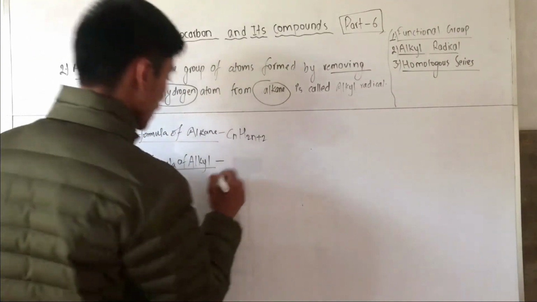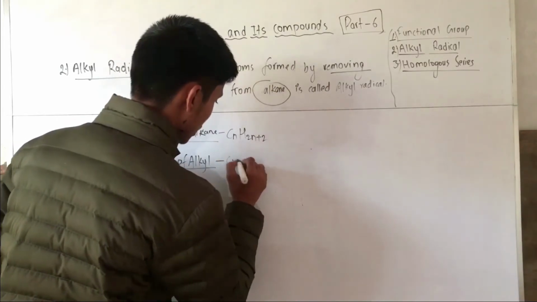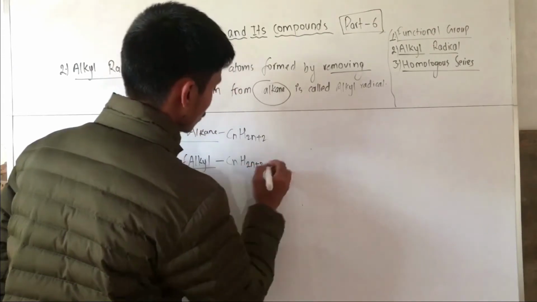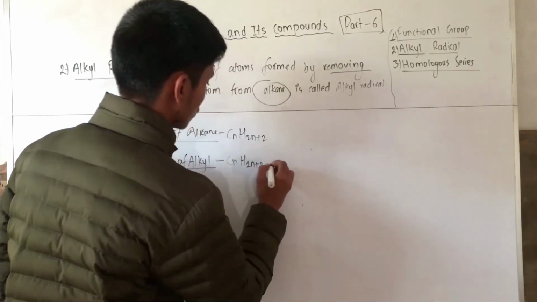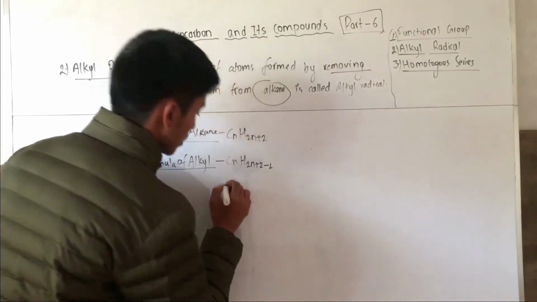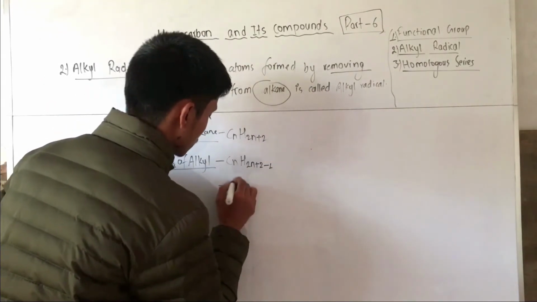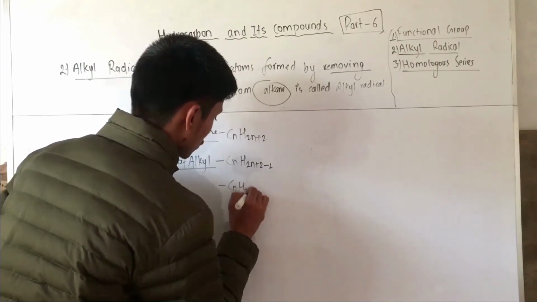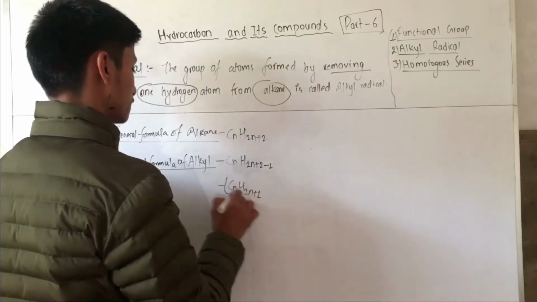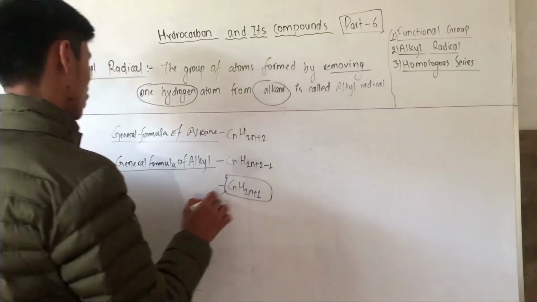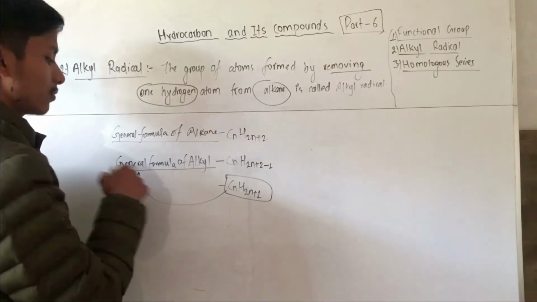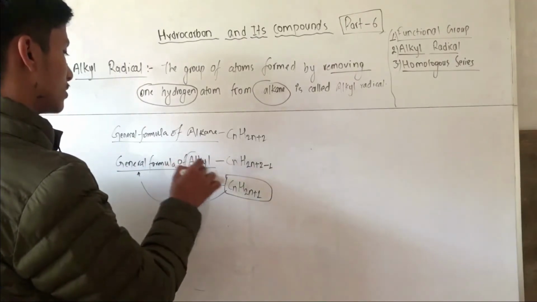So what will it be? CnH2n+2, remove one hydrogen, so I have written -1. And what does it give? It gives CnH2n+1. And this is the general formula of alkyl radical.